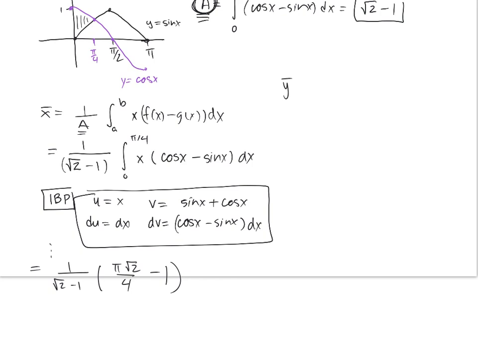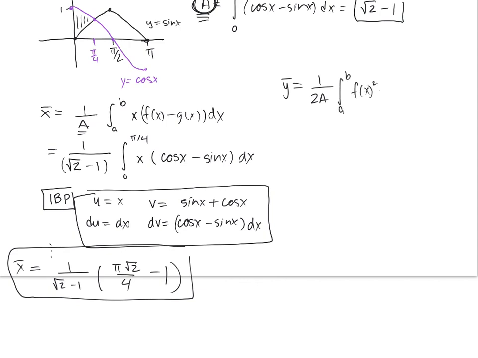Okay, y bar is going to be 1 over 2A, so that's x bar. Y bar is 1 over 2A, integral A to B, f of x squared minus g of x squared.